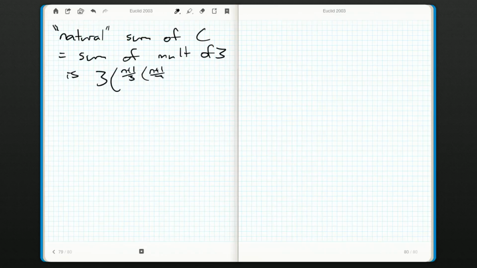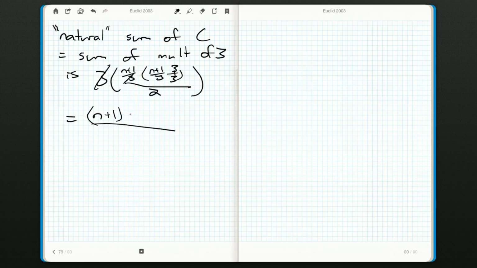Oh, it's going to have to be minus 1, my mistake. Because it's this number times this number plus 1, over 2. So the 3's will cancel out. That's fine. We can turn this minus 1 into a 3 over 3. So that'd be (n plus 1) times (n minus 2) all over 6.